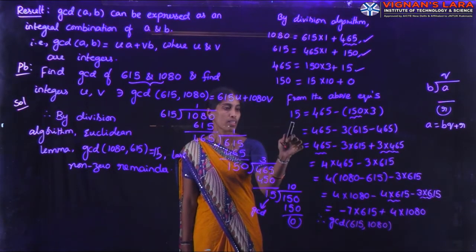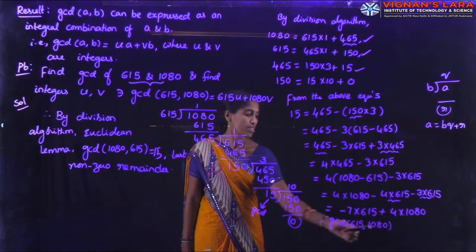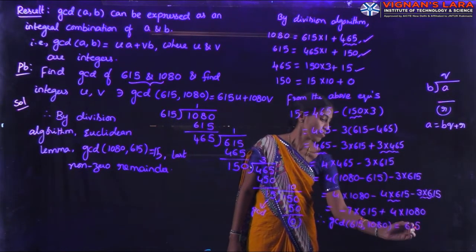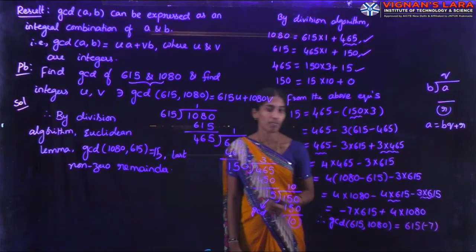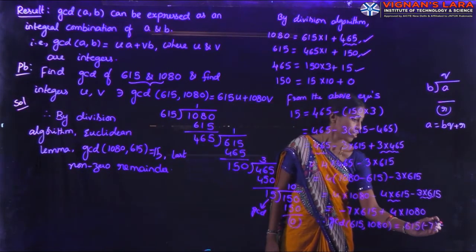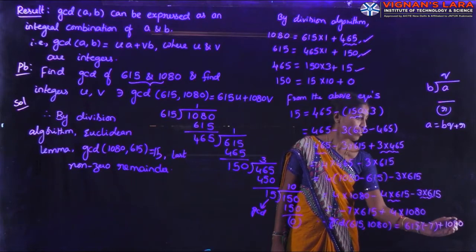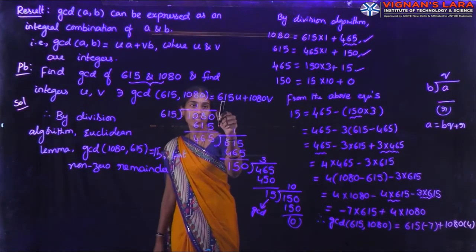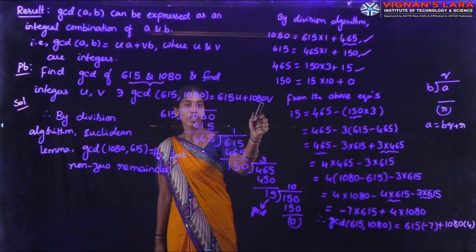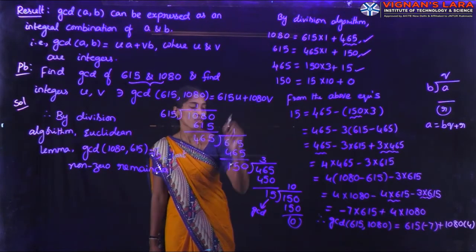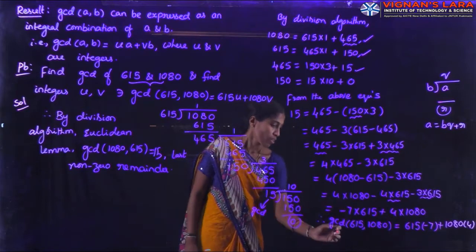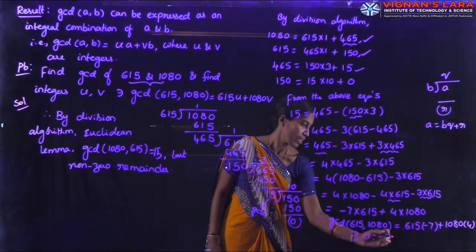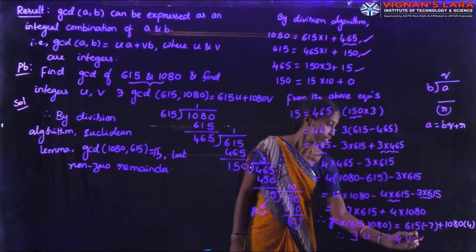So this 15, the GCD of these two, is equal to 615 into minus 7 plus 1080 into 4. So now we have expressed this GCD value as 615 into U plus 1080 into V. Therefore, there exist U equal to minus 7 and V equal to 4.